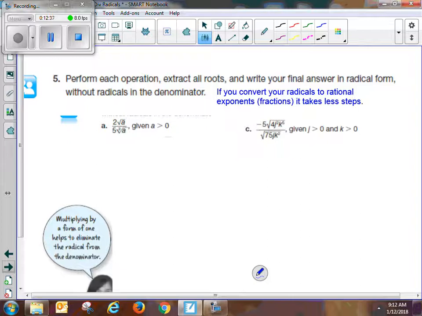And help each other. Definitely, if I was doing it, I would write stuff down.